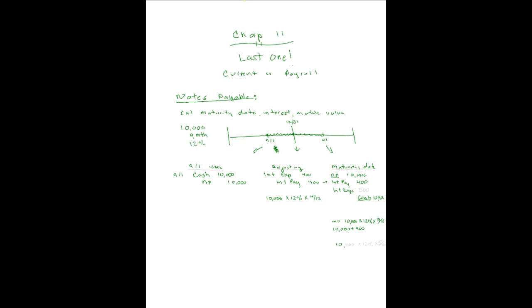That would be $10,000 times 12%. And recall, from January 1st to June 1st includes January, February, March, April, and May, or 5 more months, which means interest expense for the current period is $500. And if you look, you can see that makes our entry balance.